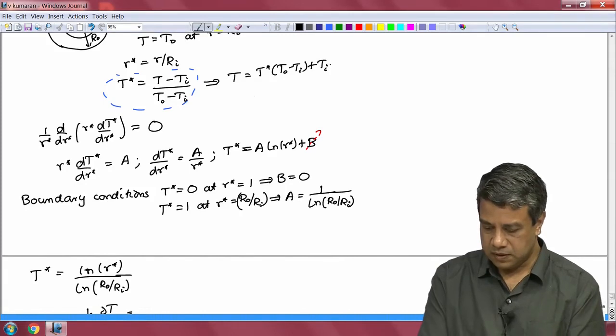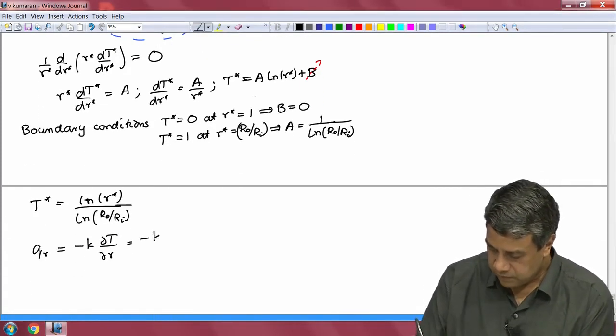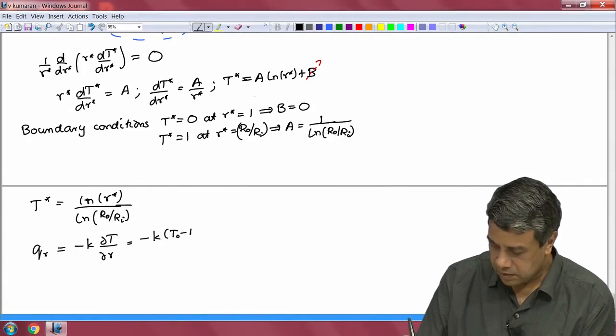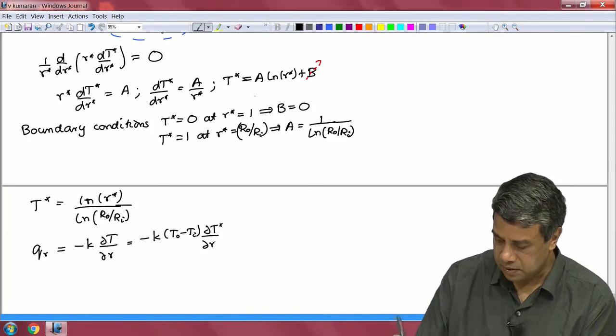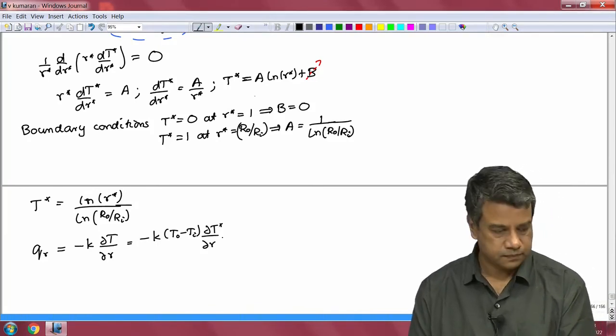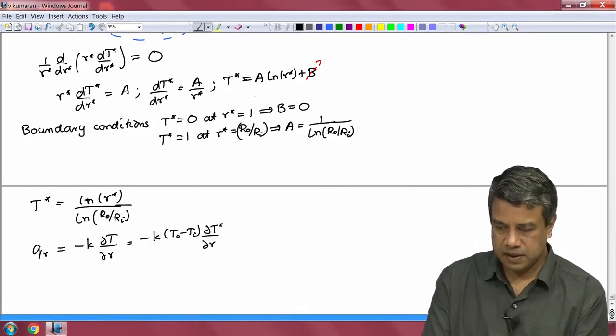Therefore, the derivative of T is equal to (To minus Ti) times partial T star by partial r. And I have scaled r by the inner radius.